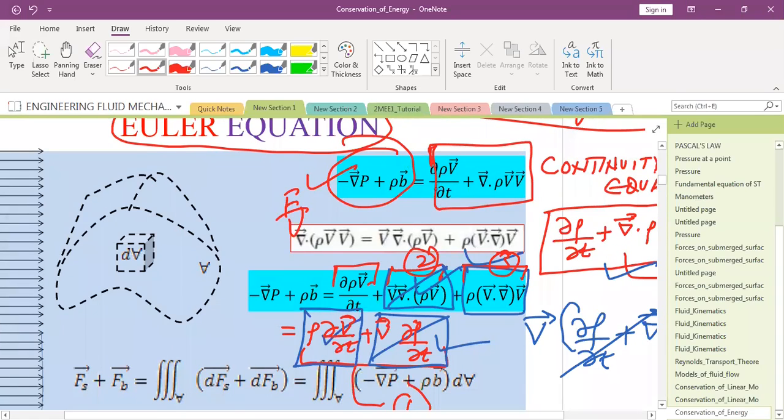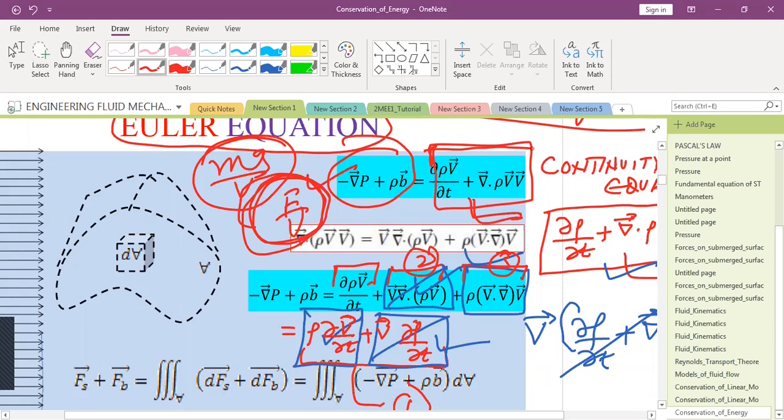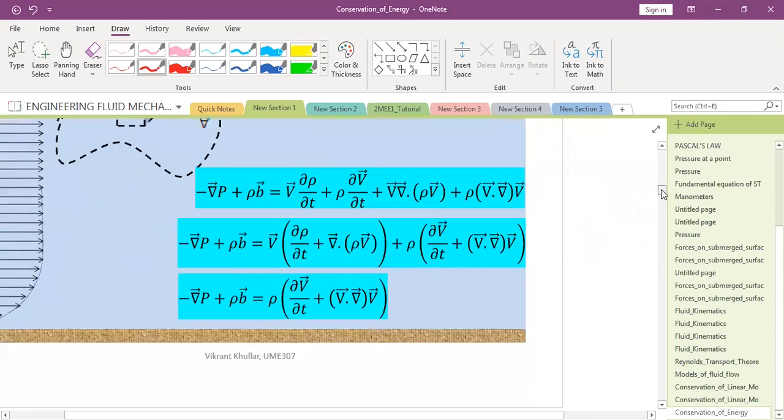I was simplifying these terms. Eventually, because this is force per unit volume on the system, this should also equal mass into acceleration per unit volume of the system as well. So I could convert this term to mass into acceleration per unit volume as such. Any doubts to anyone?